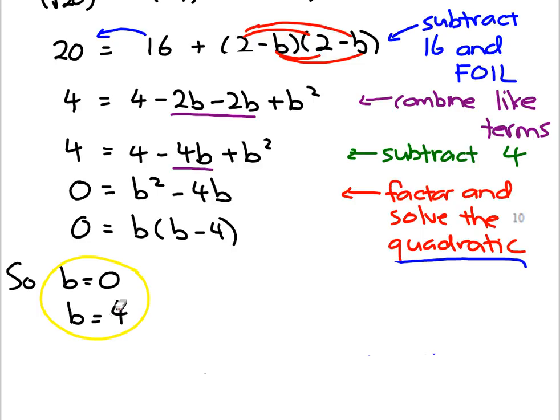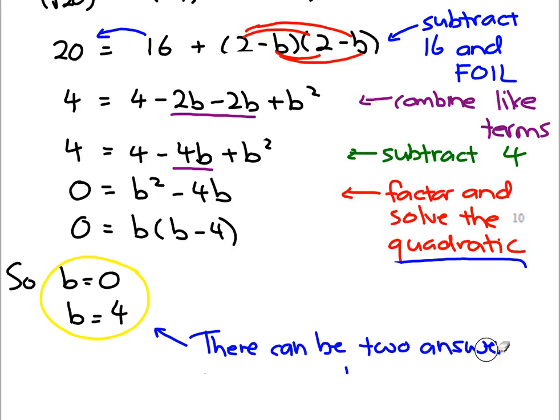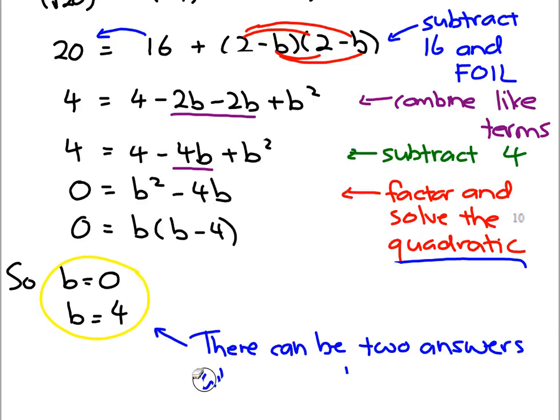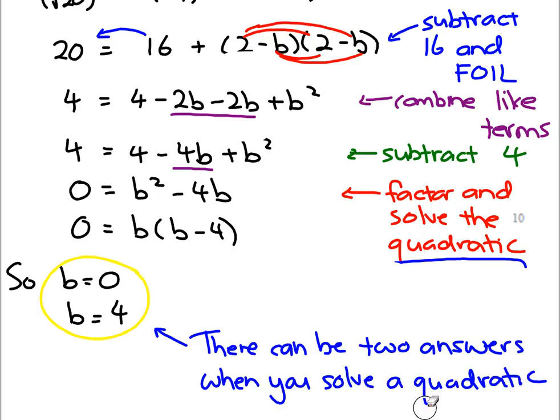Again, let's make a note of what I said before. There can be 2 answers. So write that down: there can be 2 answers when you solve a quadratic. So that's why it's possible.